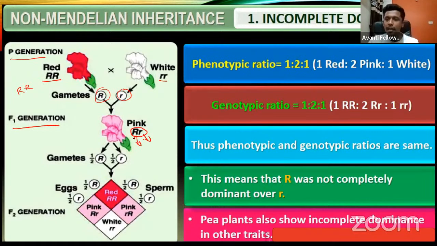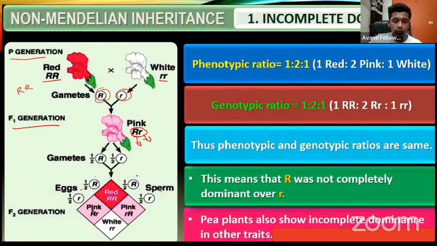Neither R is dominating small r, nor is small r dominating capital R. Now, what happens if we self-cross the F1 generation? You have capital R, small r, and capital R and small r. When we cross them, we get one red, two pink, and one white.